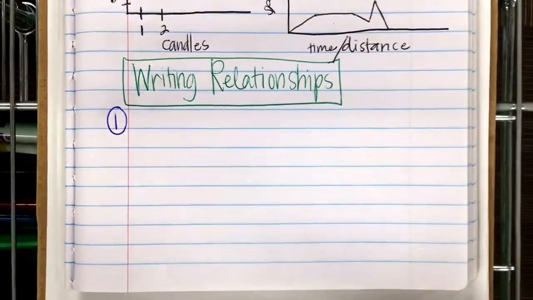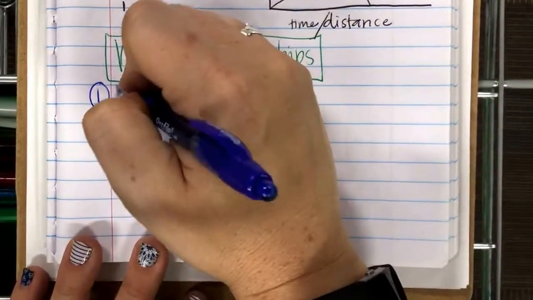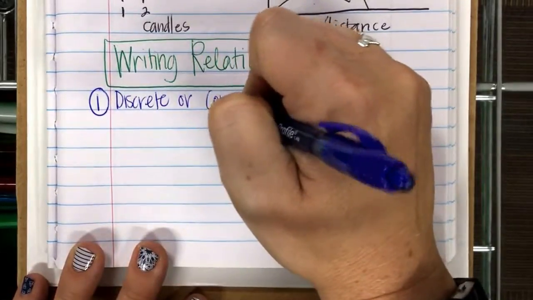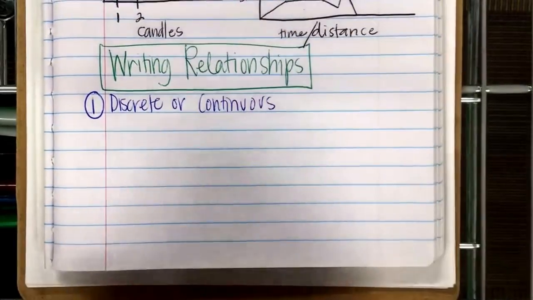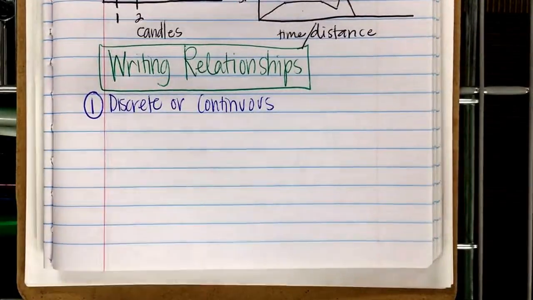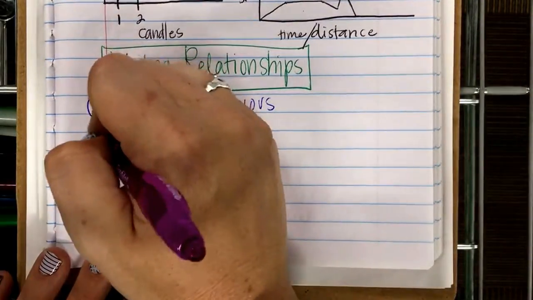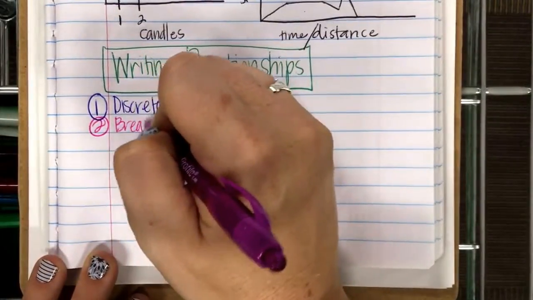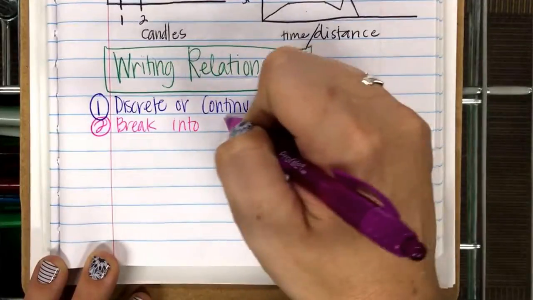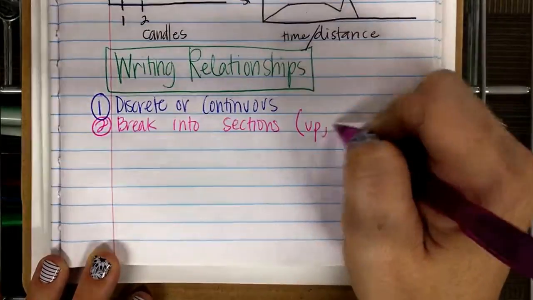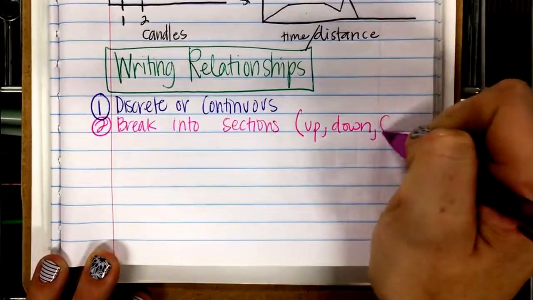So when we're writing about these, we need to determine, is it discrete or continuous? Sometimes that's the hardest part, you guys, is deciding, is this a discrete or a continuous graph? After you decide, you need to break it into sections. And those sections are up, down, and flat.